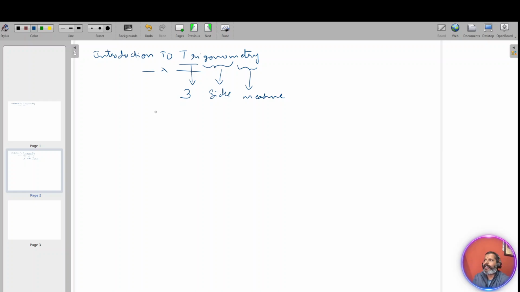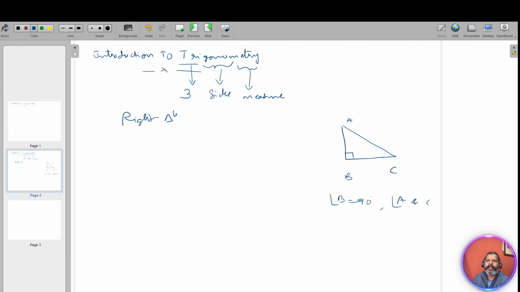But trigonometry deals with a right triangle only. So trigonometry is a study of the relationship between the sides and the angles of the right triangle. For example, if this is a right triangle at B, the other two angles A and C are always less than 90, since B is 90.